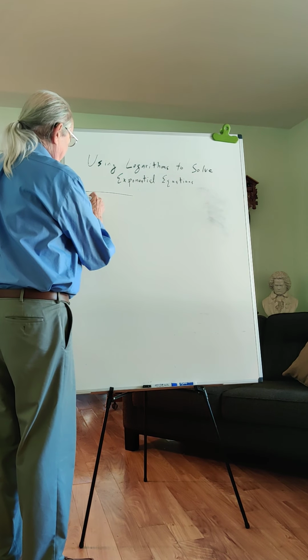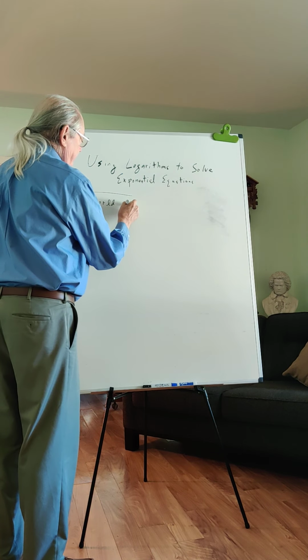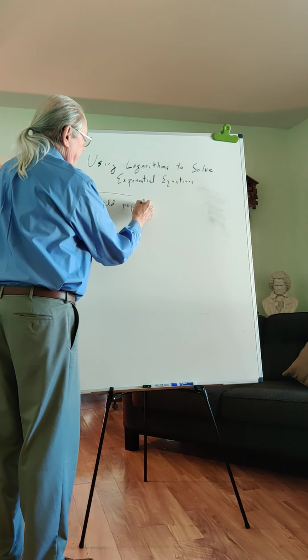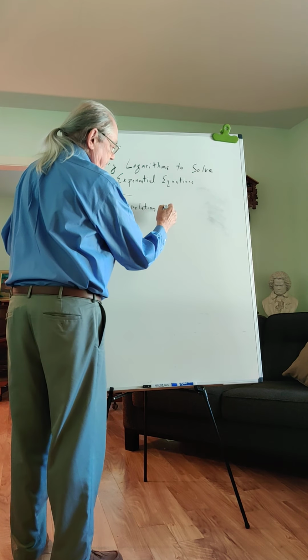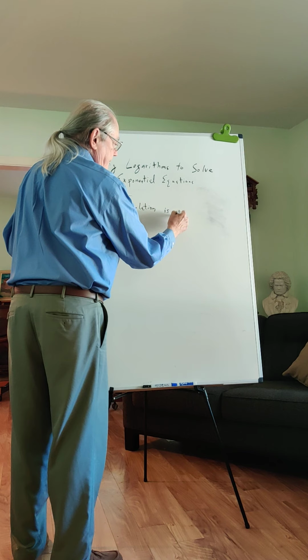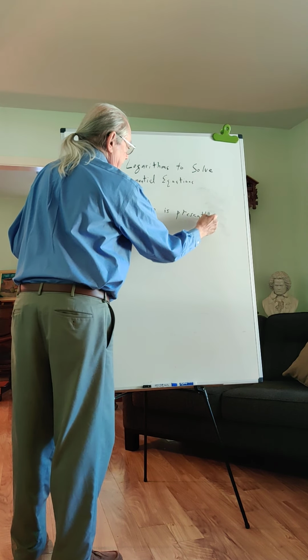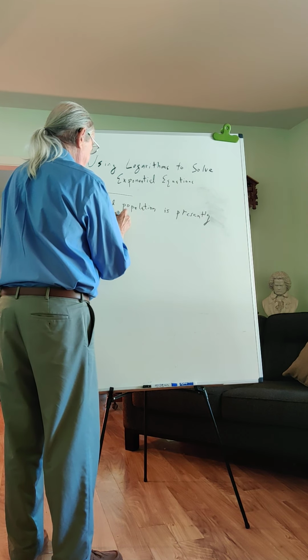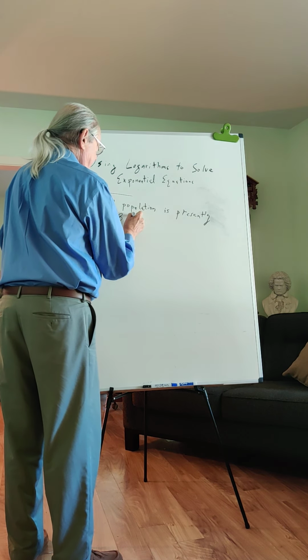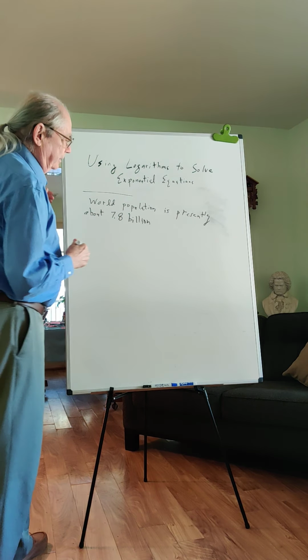So, world population. It's presently about 7.8 billion, and it's growing at about 1% a year.